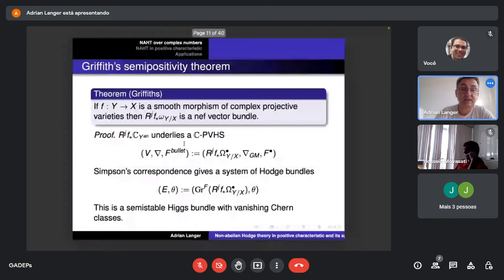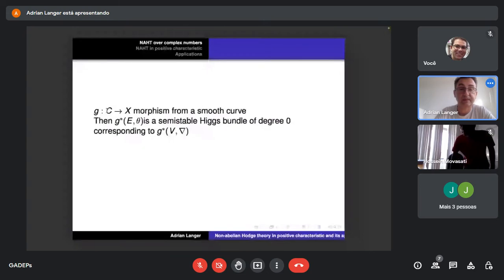and the proof that I gave you is no longer valid as it's written, because the problem is that everything would work except for the fact that this morphism from C to X could land inside our divisor D, and then we cannot say what is the pullback of this logarithmic Higgs vector bundle to this curve.